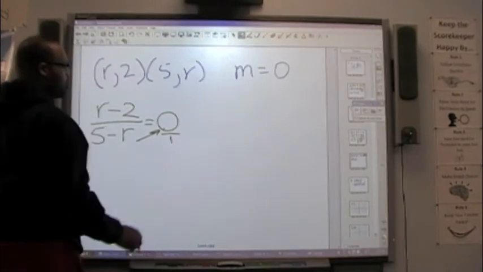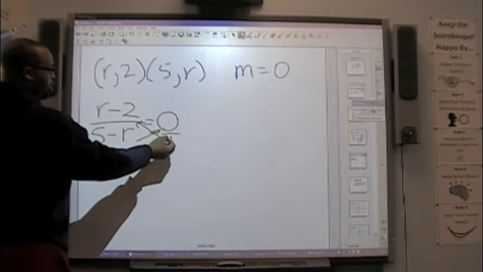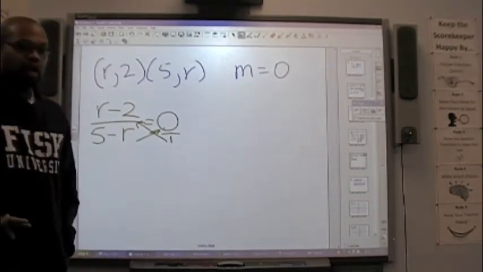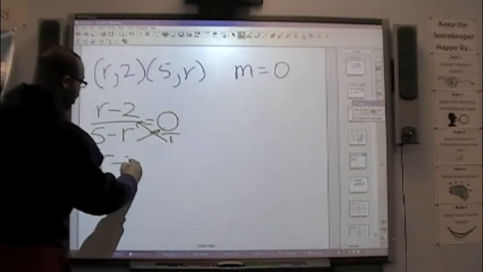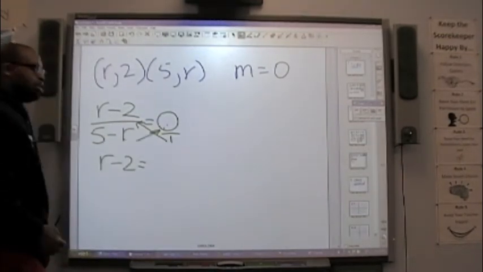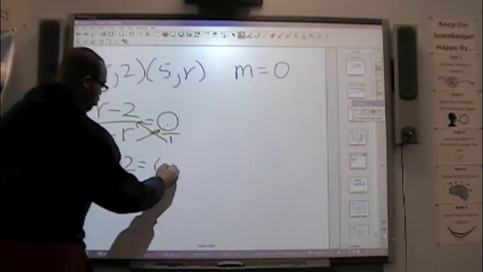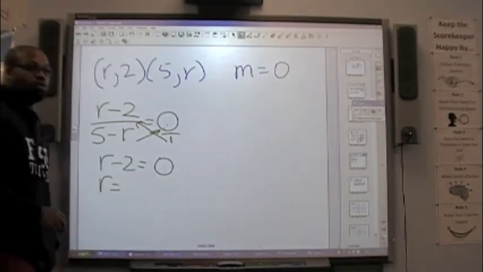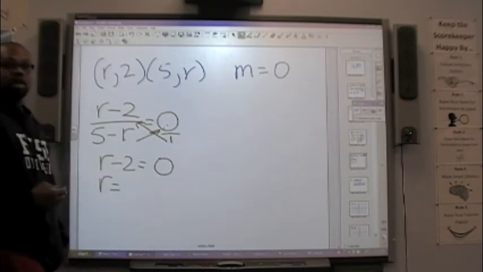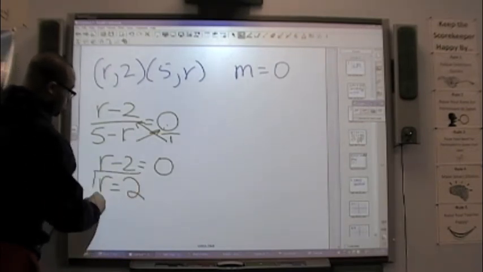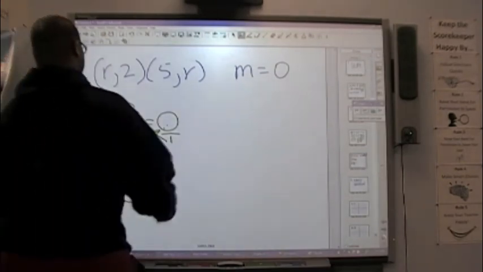If I pretend this is 0 over 1, then I can cross multiply the 1. And so now I'm going to have 1 times this. 1 times any number is that number, the multiplicative identity. r minus 2 equals 5 minus r times 0. Anything times 0 is? 0. Then r has to equal what number? If I add 2 on both sides, r equals 2. Work for that.